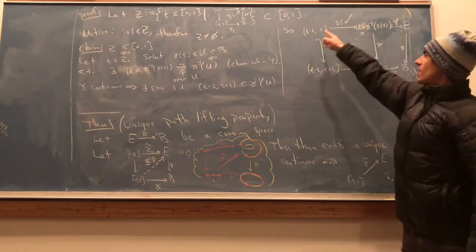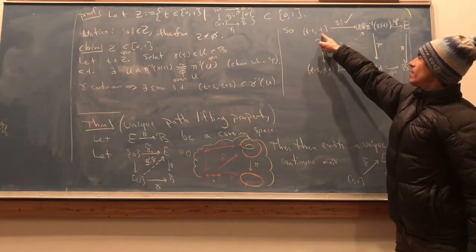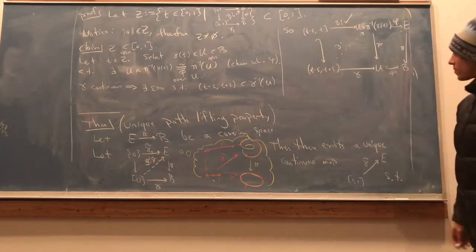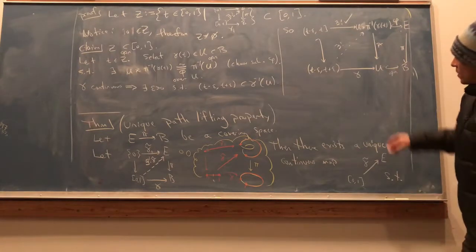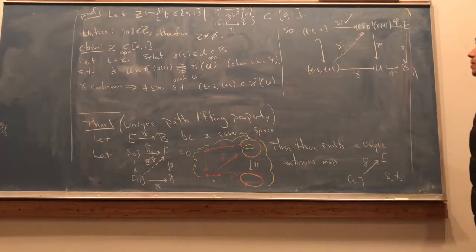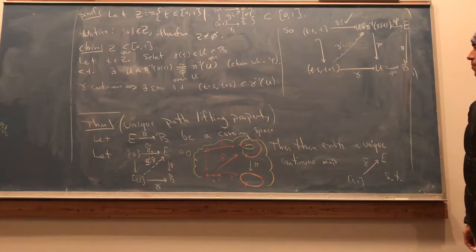And such an element has already been selected. It's the value on t. So there does indeed exist a unique continuous map making this diagram commute.